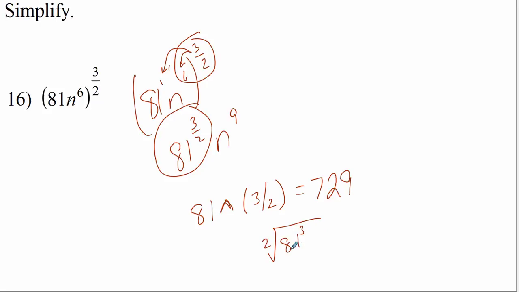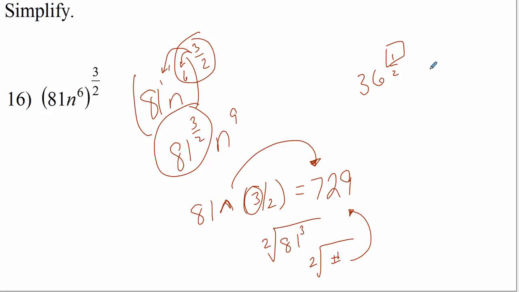Okay? 81 to the 3rd power is some large number, and then if I square root that large number, I get 729. Because your numerator is bigger here, you're going to end up with a larger number when you actually put it in the calculator. If the numerator was smaller, like in the last video, it was 36 to the 1/2. This was smaller. That's why I ended up with a smaller number. Numerator bigger, bigger number. Numerator smaller, smaller number. Okay? So this is your answer as 729 n to the 9th power.